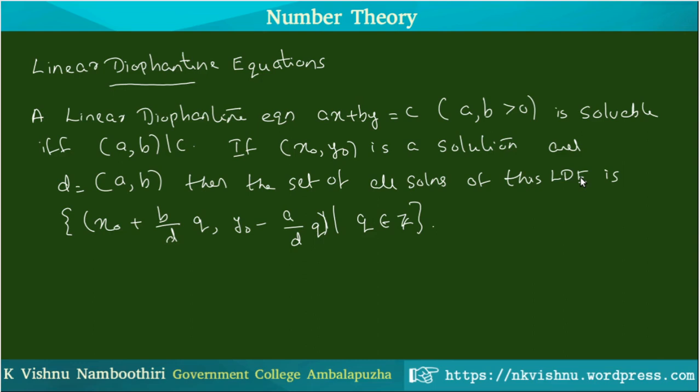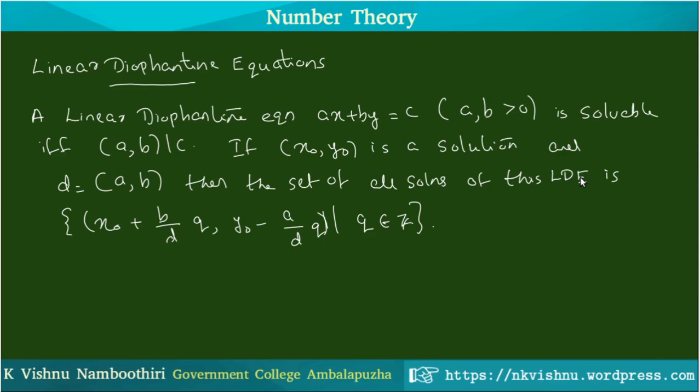So the condition for the solvability of ax plus by is equal to c is that GCD of a and b divides c, and if x naught, y naught is one solution we found, and if the GCD is denoted by d, then the set of all solutions of this Diophantine equation is equal to the set of all x naught plus b by d into q and y naught minus a by d into q, where q is any integer.